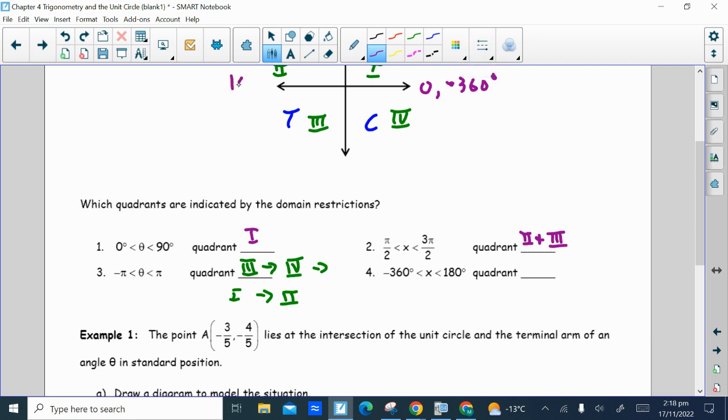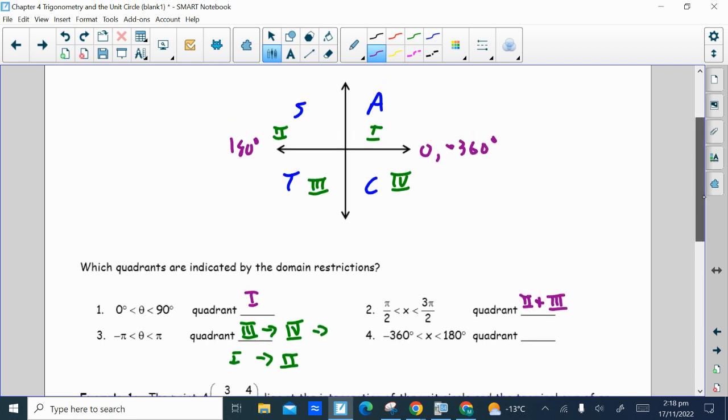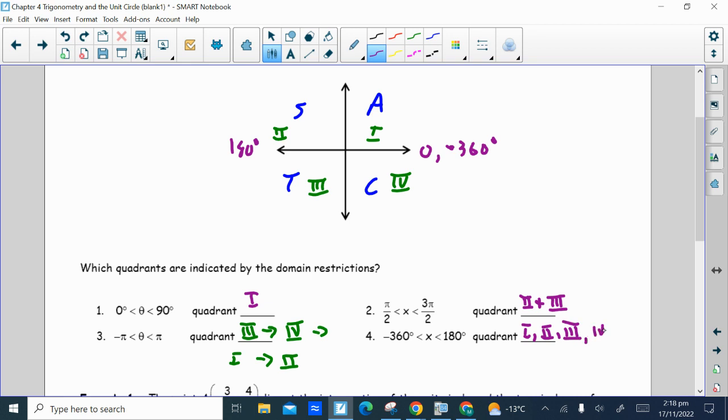So if you start at negative 360, so you're starting here at 0, and you're going to go to positive 180, you're going to move in a counterclockwise direction. You would go through quadrants 1, then 2, then 3, then 4, but that just gets you back to 0.